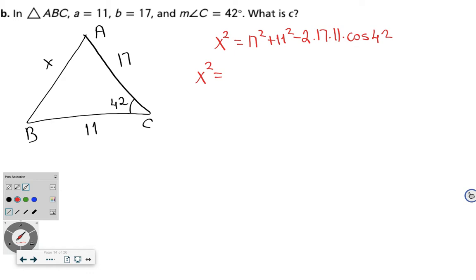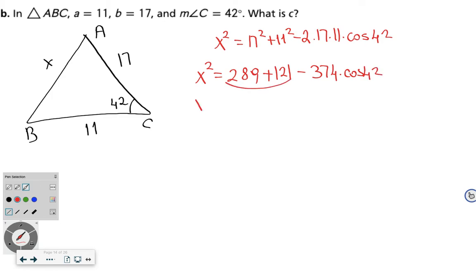17 squared is 289 plus 11 squared is 121 minus 2 times 17 times 11 is 374 times cosine 42.